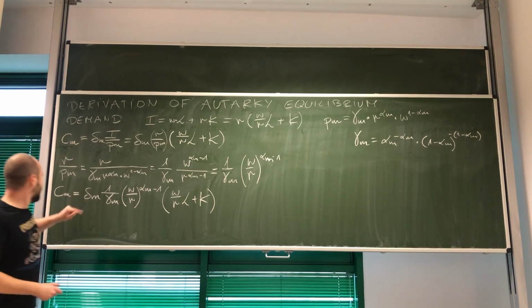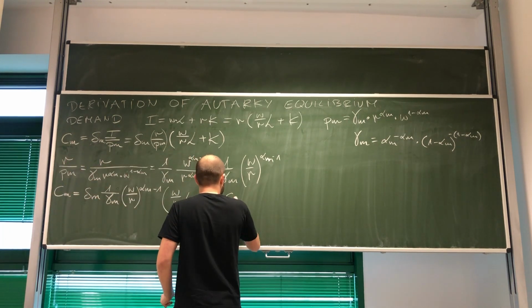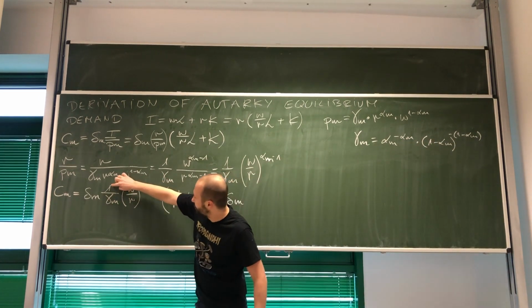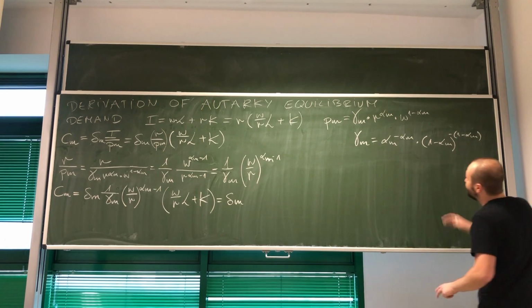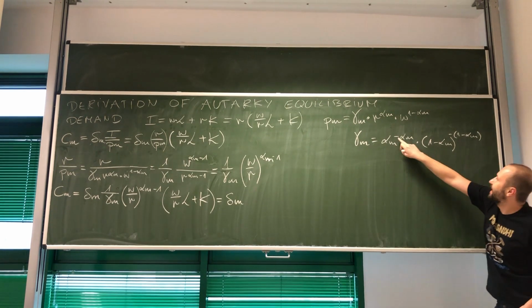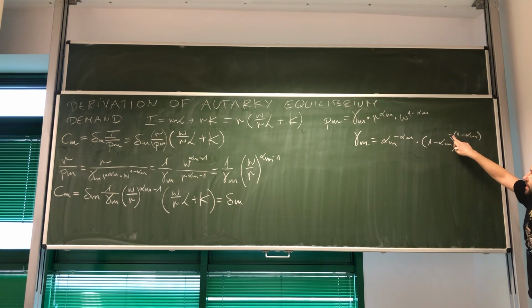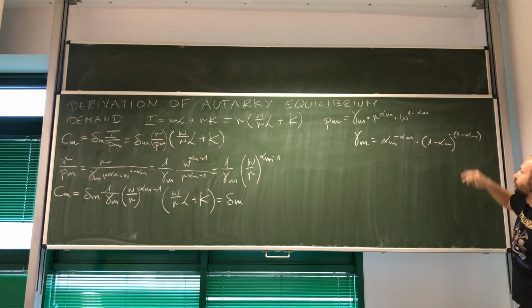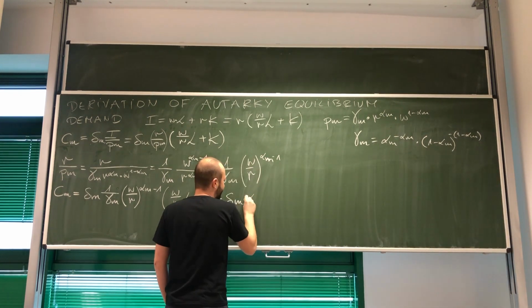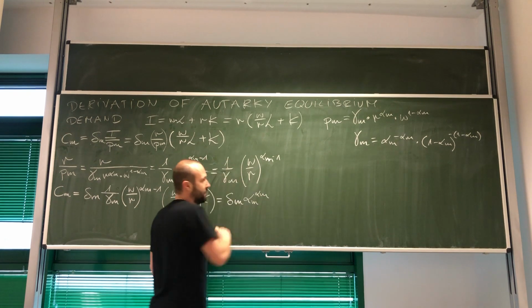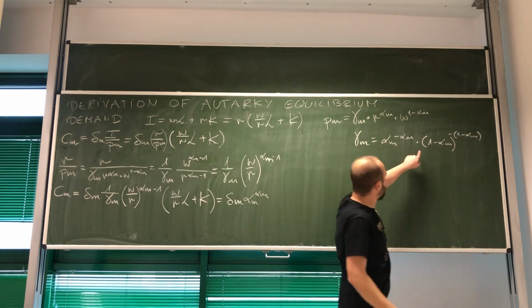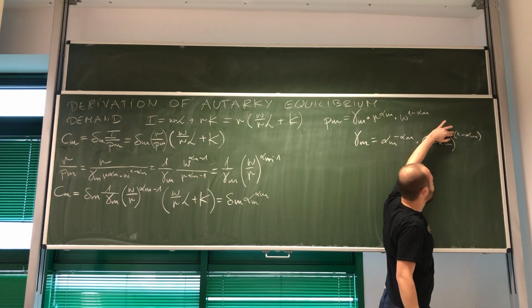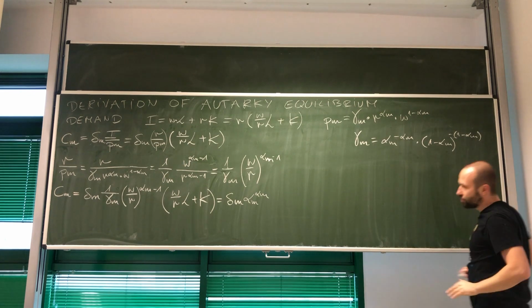So, what do we have over here? First, I'm going to have, of course, delta M. And now look, here I have 1 over gamma M. And look, in both of these expressions, we've got minuses up front. So if I have 1 over this, it means that those minuses will be gone. So here I will have alpha M to the power alpha M, right? And here I will have 1 minus alpha M to the power 1 minus alpha M. But look, I'm going to rewrite it into two expressions.